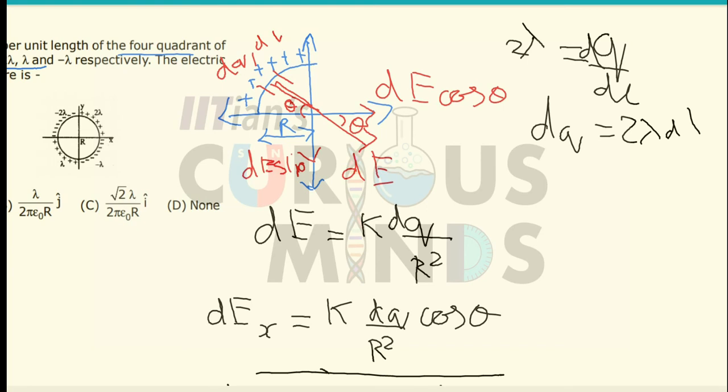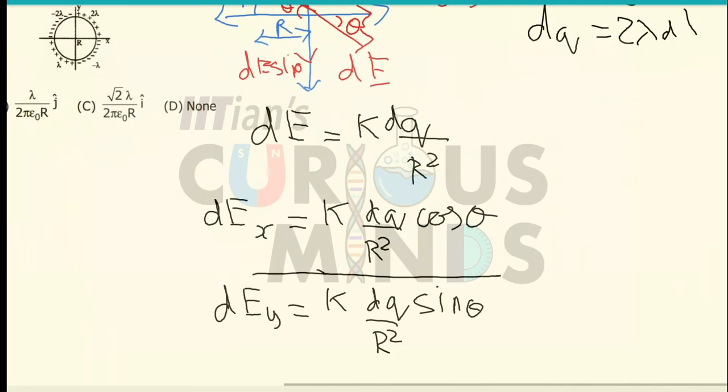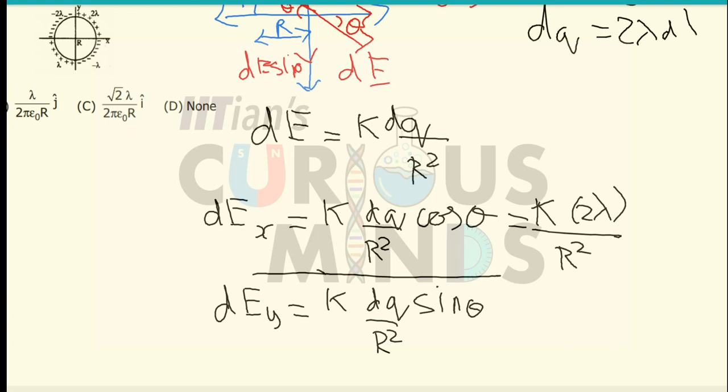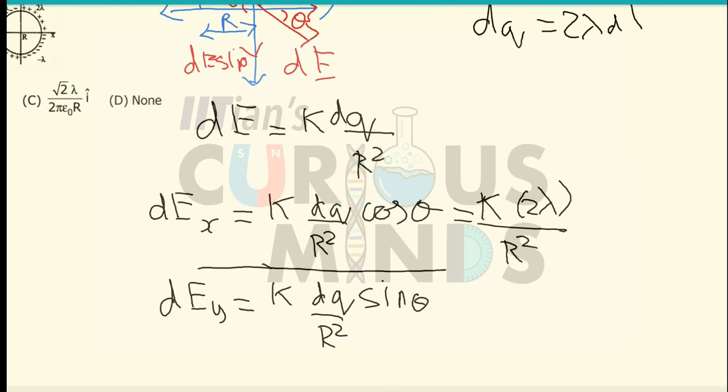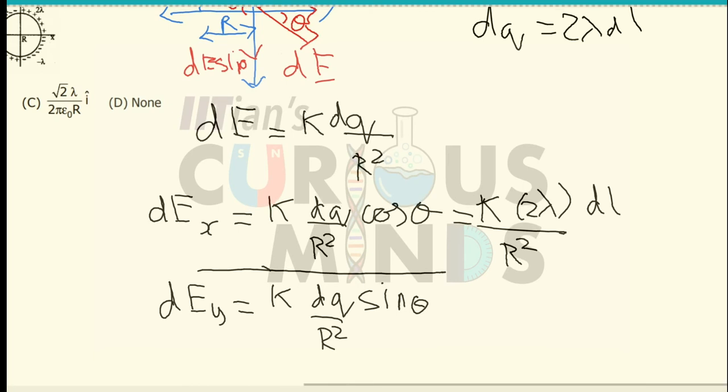Now what is the cos component over here? The cos component is equal to adjacent upon hypotenuse. So I can integrate this part as dq by dl. Now this part can be written as k into 2 lambda divided by r square into, instead of dq, 2 lambda into dl into cos theta.